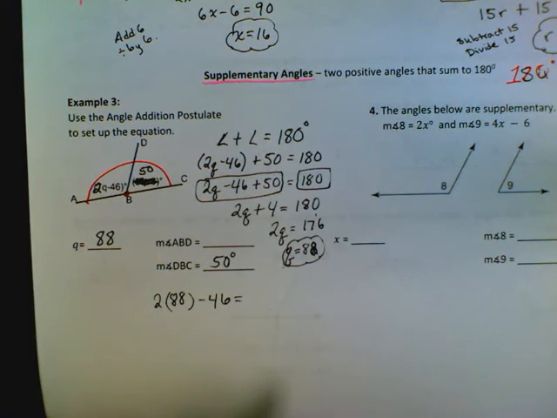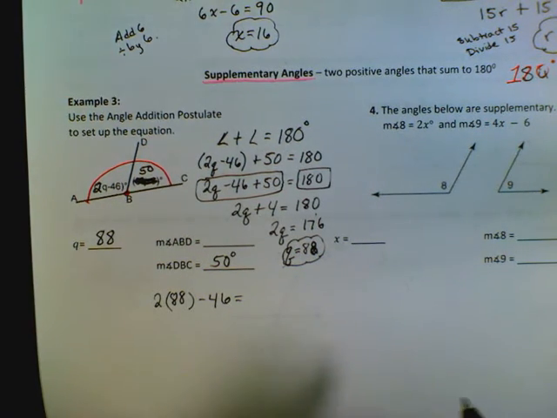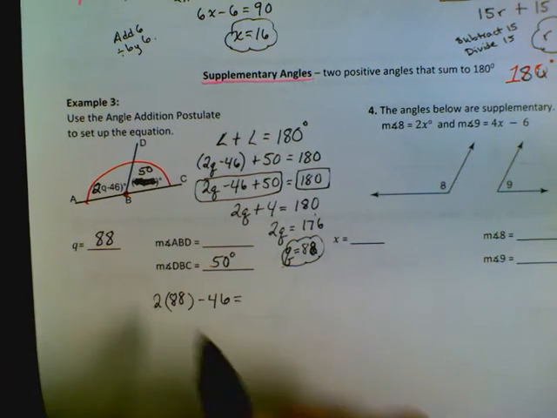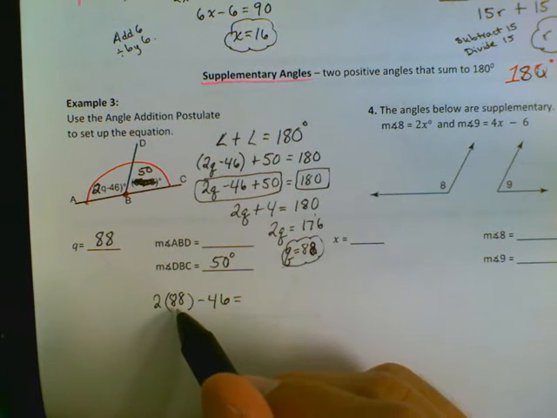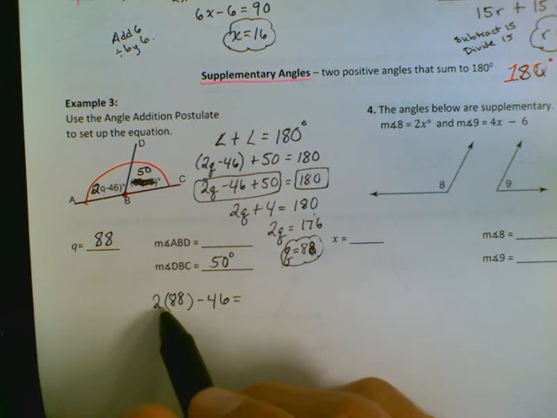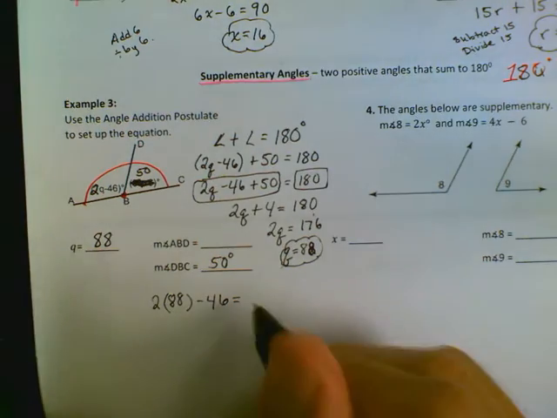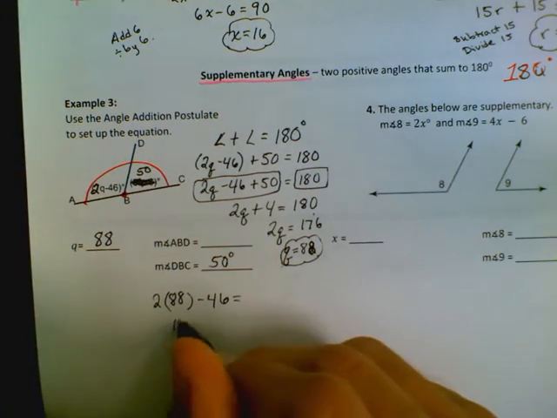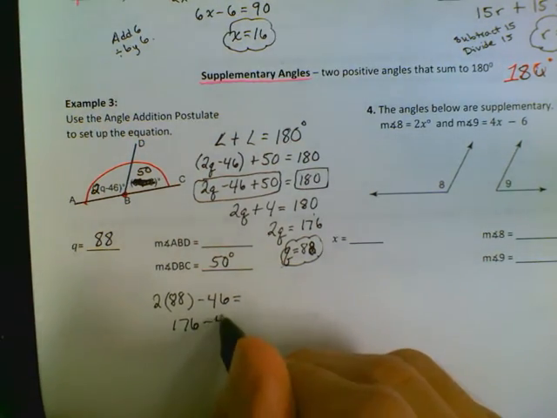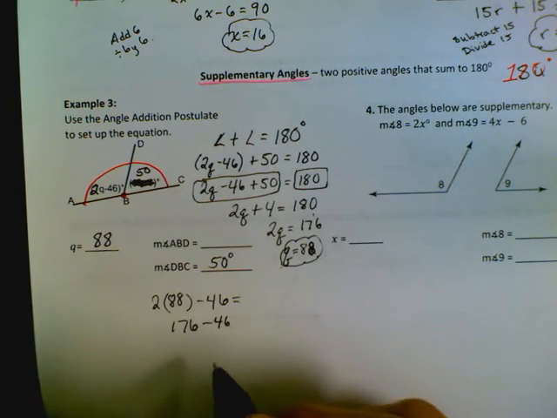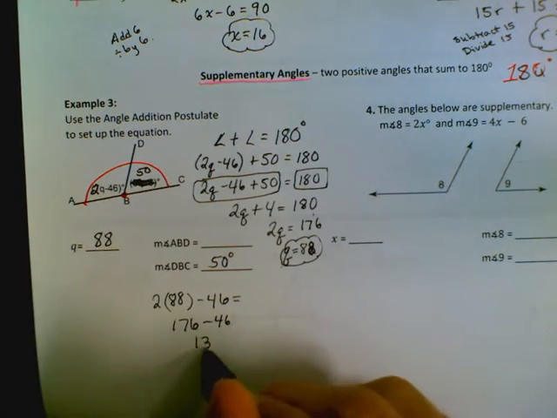So there's actually a quicker way to do that one too. So 2 times 88, 176, right? All right, so 176 minus 46. Isn't that just 130?